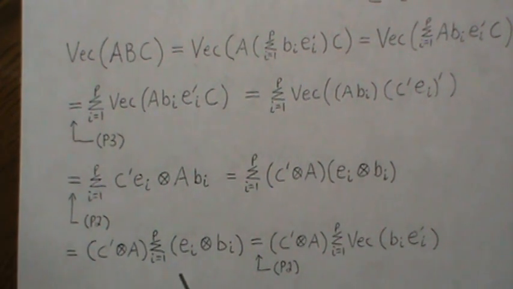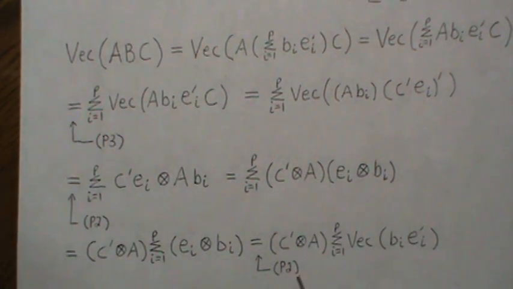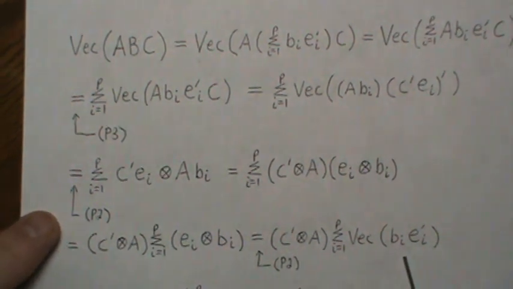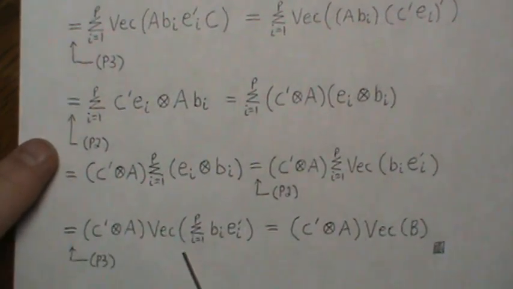But this Kronecker product of vectors is actually the vec of the vector product. That's by property 2 of this video. And then the sum of the vec operator is the vec of the sum, so we can take it back in.